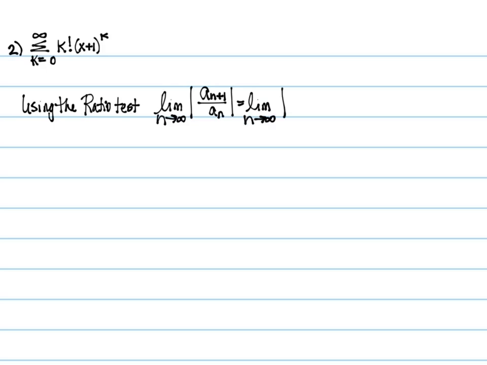And for this series, that would give us k plus 1 factorial on top, and we would have x plus 1 to the k plus 1 on top, over k factorial on bottom and x plus 1 to the k on bottom.